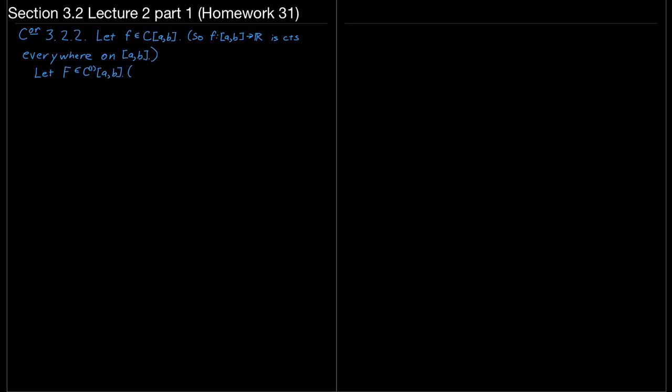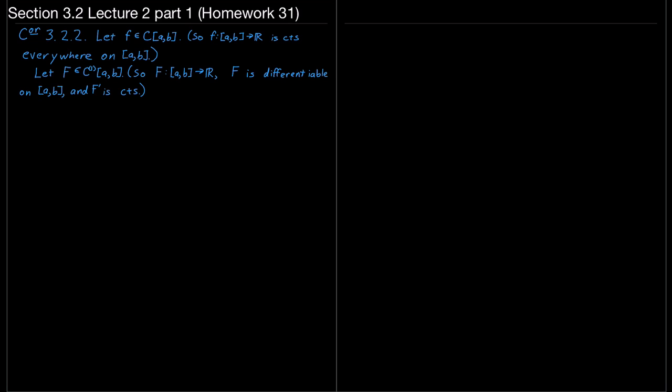And what that means is that F is a function defined on [a, b] and mapping into the real numbers. F is differentiable everywhere, and F prime is a continuous function.